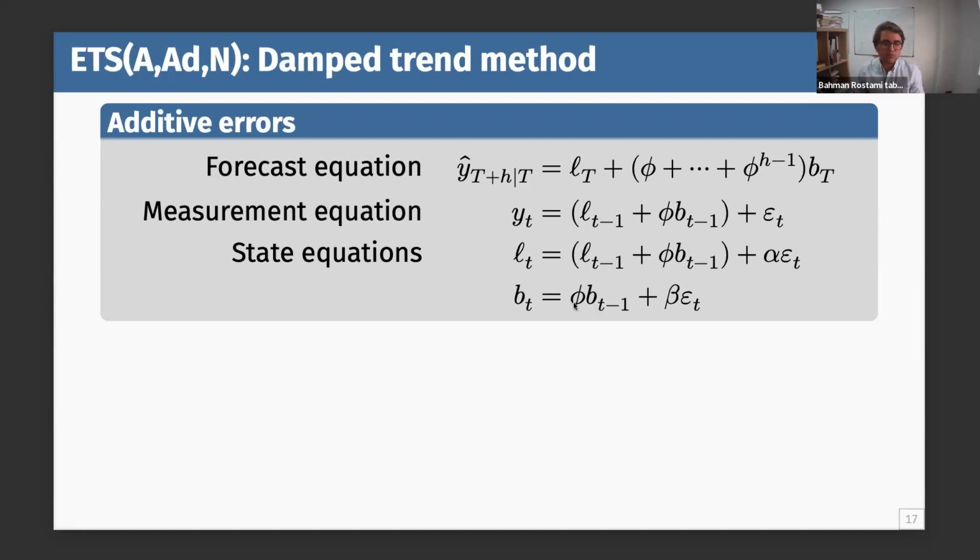So one thing that you may observe is, as we started with exponential smoothing, the model was quite simple. We have one state equation L and one smoothing constant alpha, and then we have one initial value called L0 that we need to start the process.